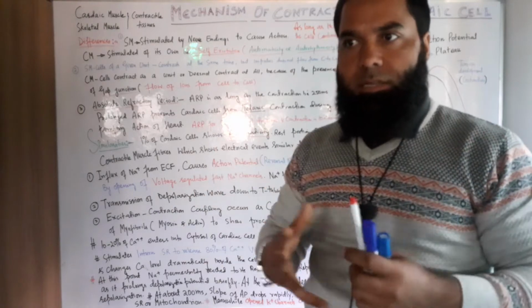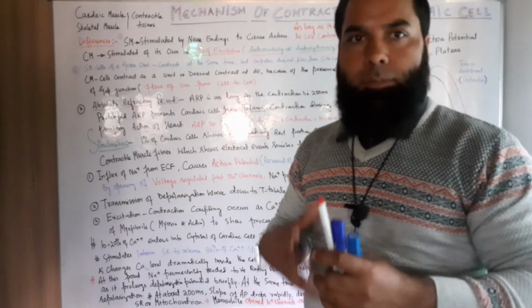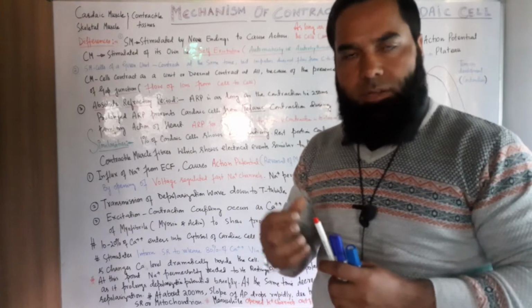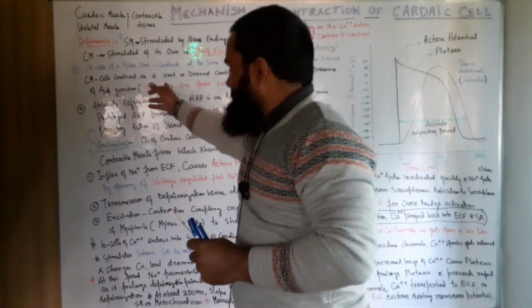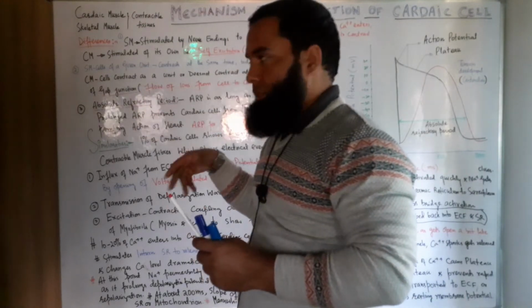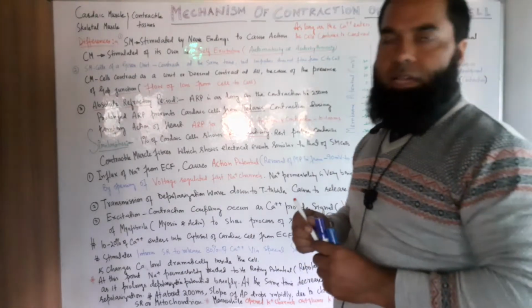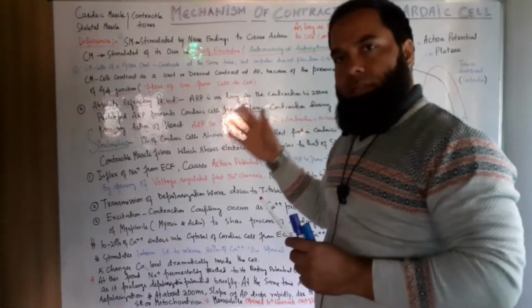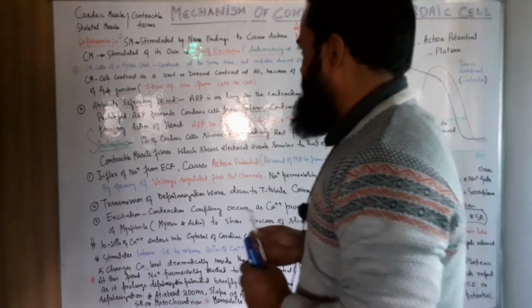That means the cardiac cells are adjacent to each other. They are held together with the help of desmosomes, and the flow of ions takes place with the help of gap junctions. That's the reason it contracts as a unit when stimulated, or it doesn't contract at all. That's why the cardiac cells show a functional syncytium.